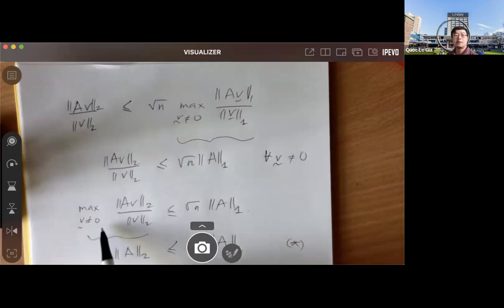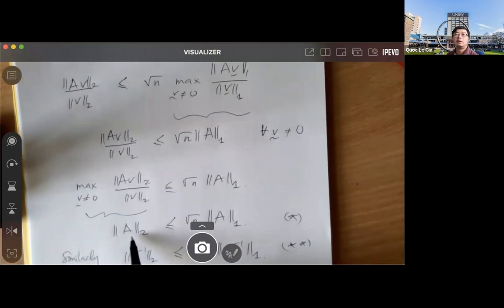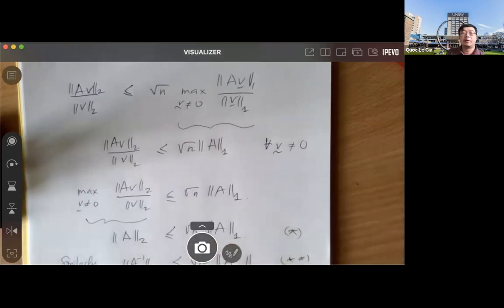Then you can take the max on the left-hand side, and then you get the two norm of the matrix A. So it's a bit tedious, but that is how we prove it.